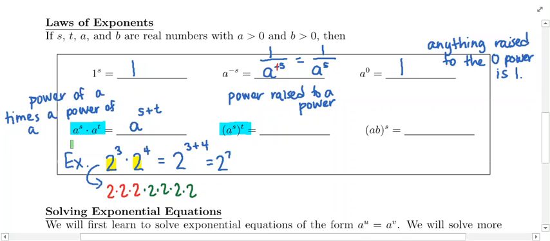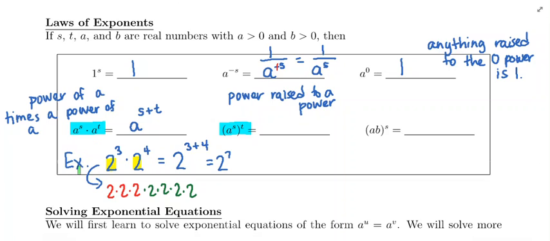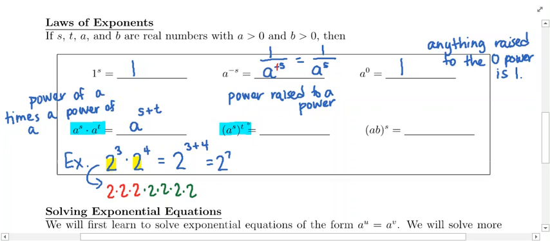Over here, the law that we just went over, you have two powers that have the same base, and you're trying to combine them into one power of that base. But now you've got a power raised to a power. So in this situation, you might have 2 to the third, that's your power, and then you're raising that to the fourth power.